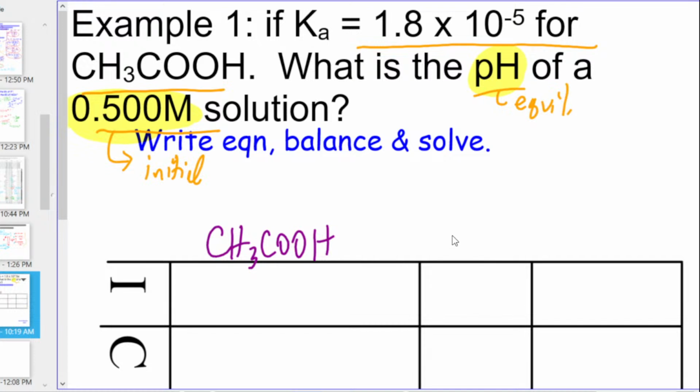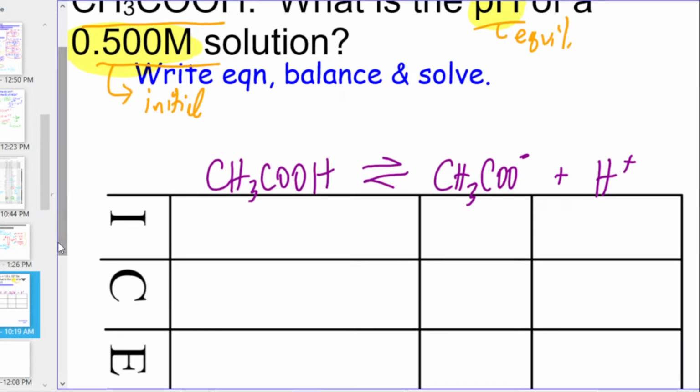And then it goes to CH3COO minus and then plus H plus. Yep. I don't want to be picky about the charge, but there you go. Yes. We know our values. Where does 0.500 molar go? Initial.